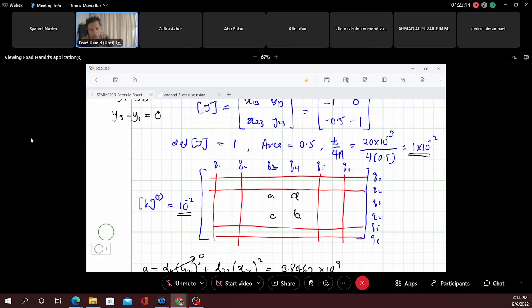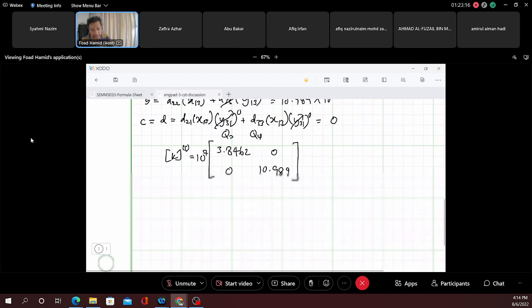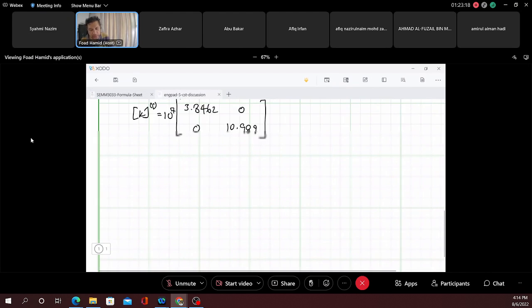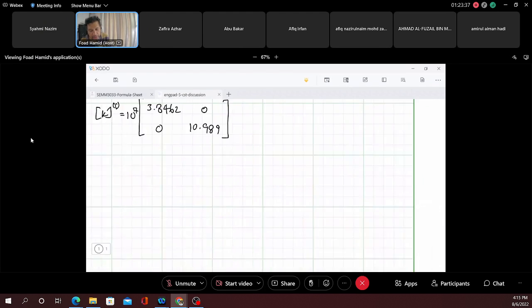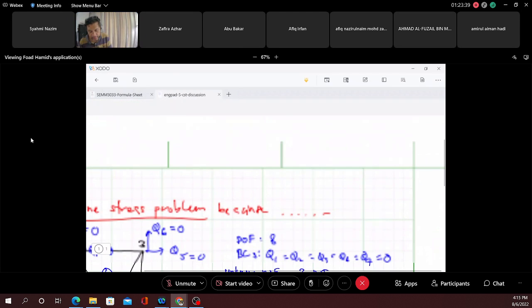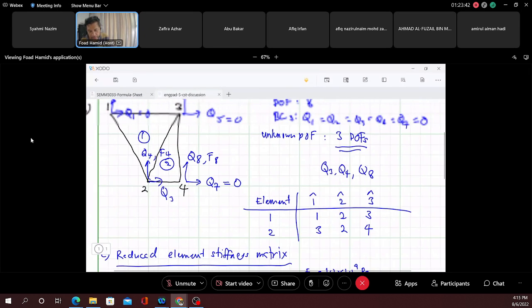So now we are done with element number 1. So let's take a look at element number 2. Okay, we redo everything. Based on our nodal connectivity table, element number 2, local node number 1 is the same as global node number 3.